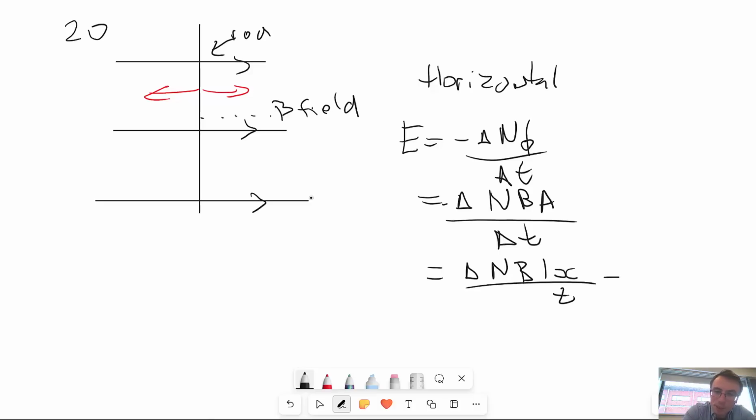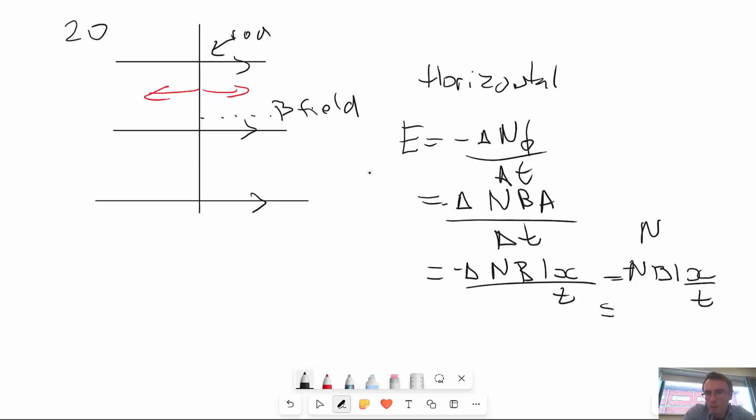Out of those quantities, the only thing that is actually changing is x and t. So we're going to get NBL x over t, which is just actually the speed. In this case, n is just equal to 1, isn't it?